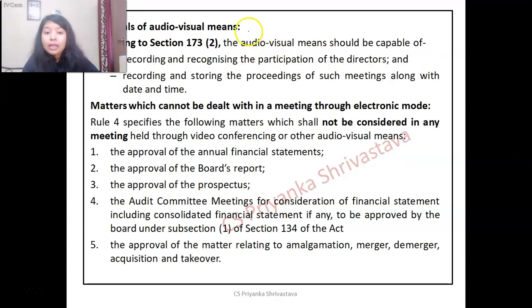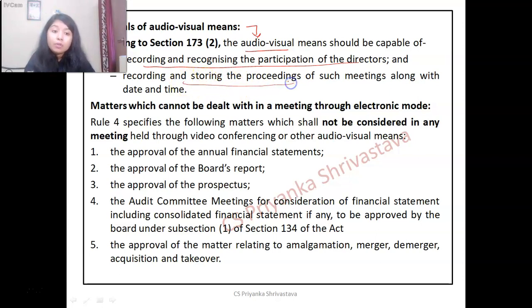Now what should be the essentials of audio-visual means? According to section 173 subsection 2, audio-visual means should be capable of recording and recognizing the participation of directors. So that whatever the director is participating, we should be able to record it and recognize the directors who are attending it, and recording and storing the proceedings of such meeting along with the date and time.